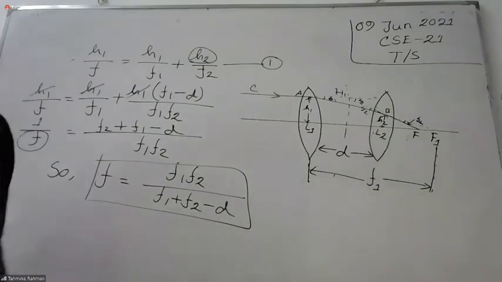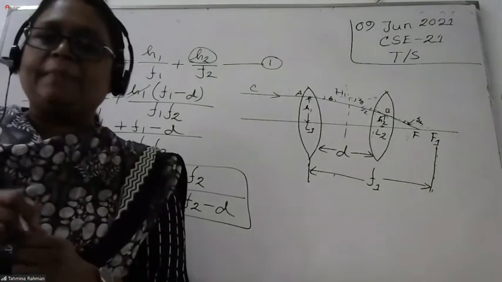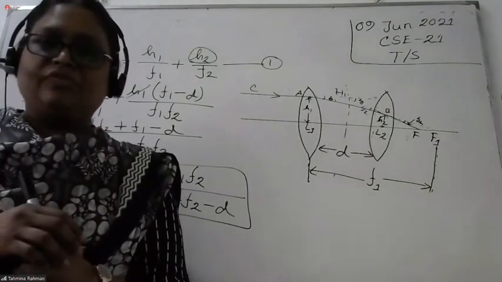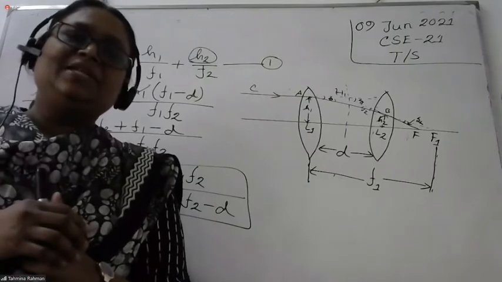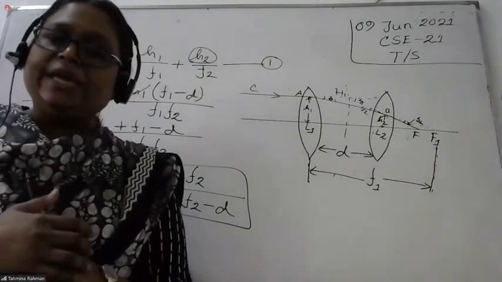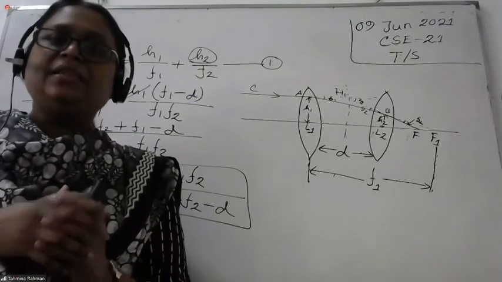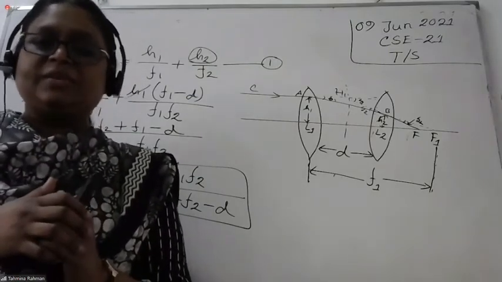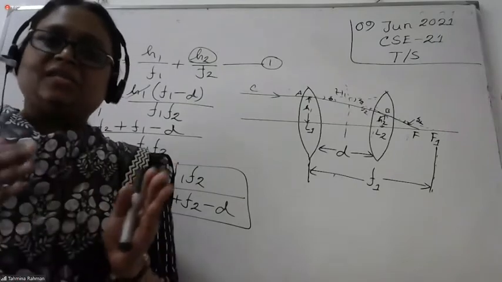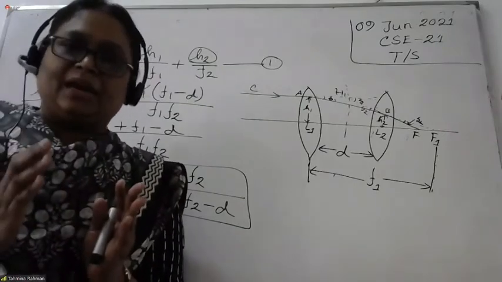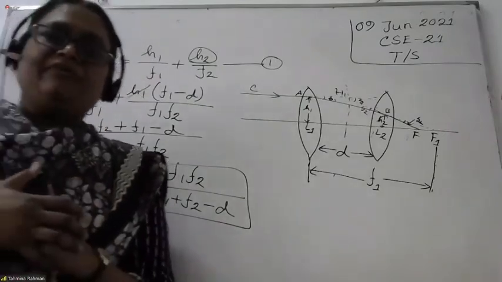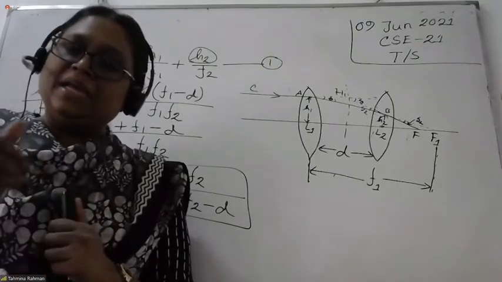Listen to me. We have two convex lenses of focal length 10 centimeter and 20 centimeter placed 5 centimeter apart in air.